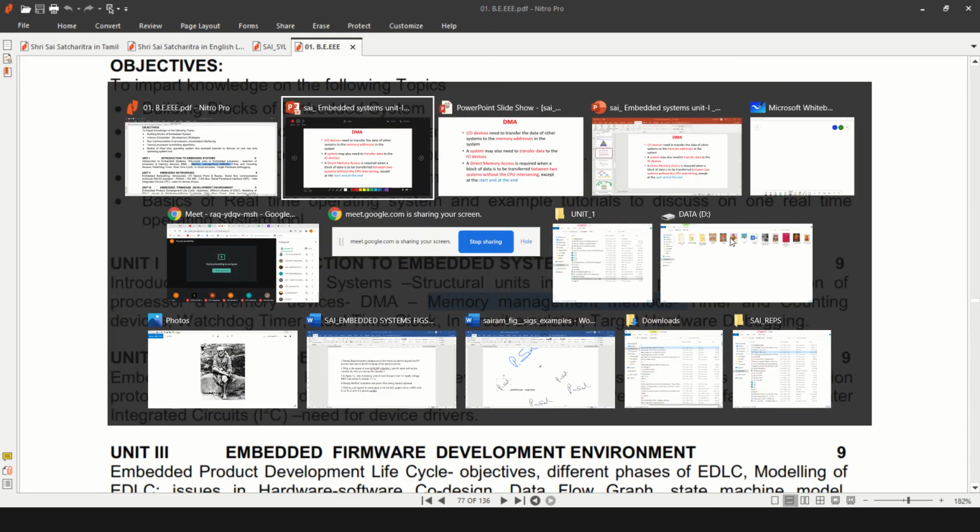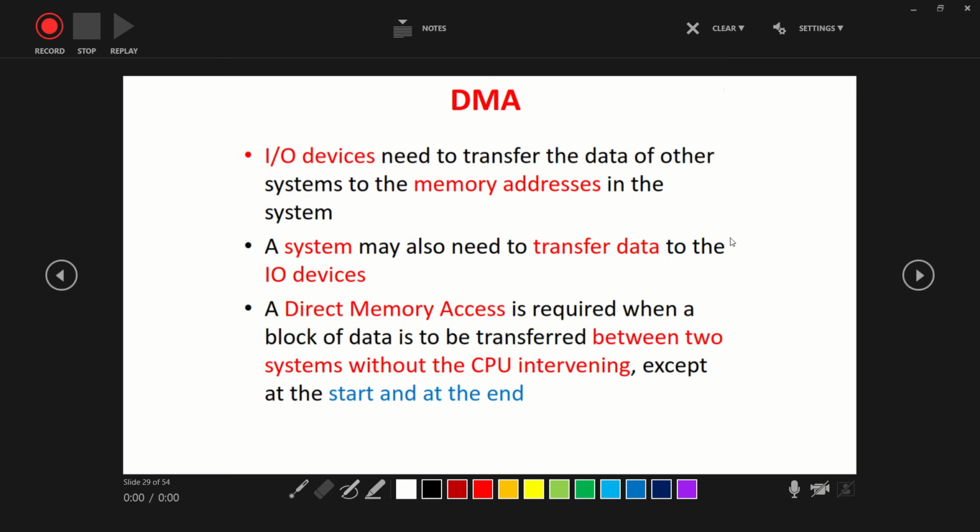So next, that is the DMA, which means direct memory access. Direct memory access, DMA.